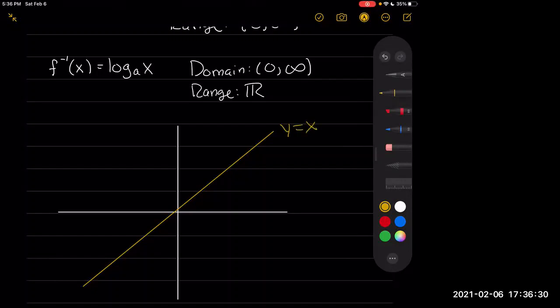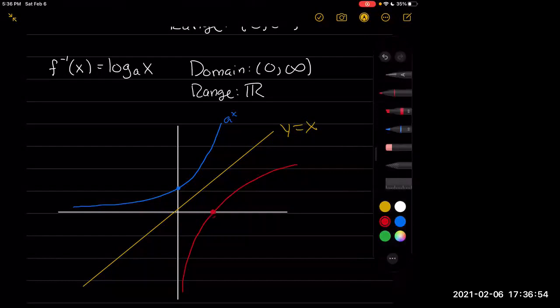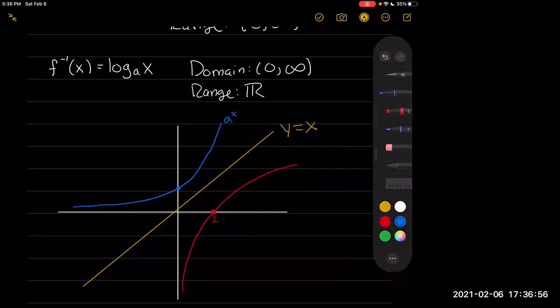So if you remember, a to the x looks something like this, where this is 1. So that means that log base a of x is going to look something like this, where this is 1. This is log base a of x.